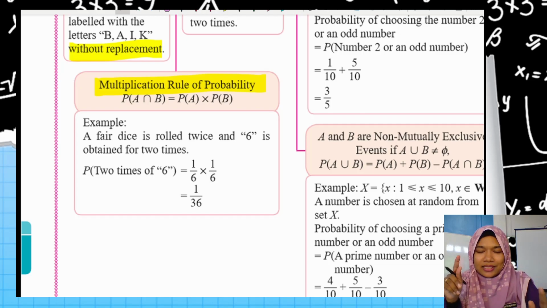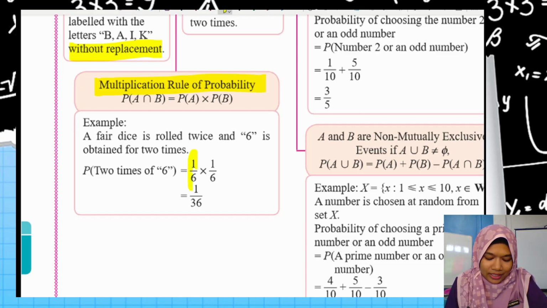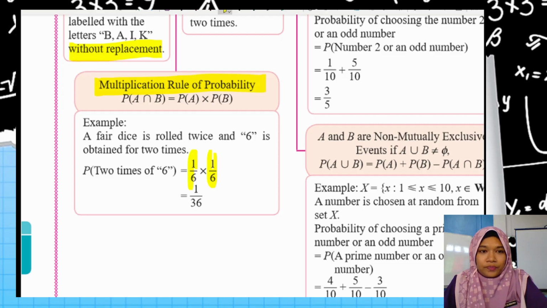Number 6 ada satu sahaja. So the probability to get 6 for the first time is 1/6, and the second time is also 1/6. To get 6 two times, meaning 6 for the first time and 6 for the second time, you multiply the probabilities: 1/6 × 1/6 = 1/36.